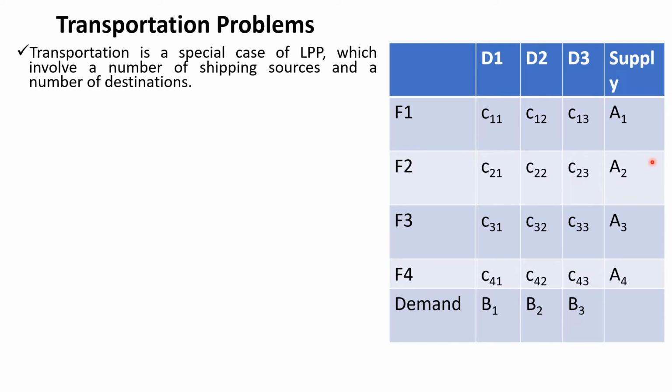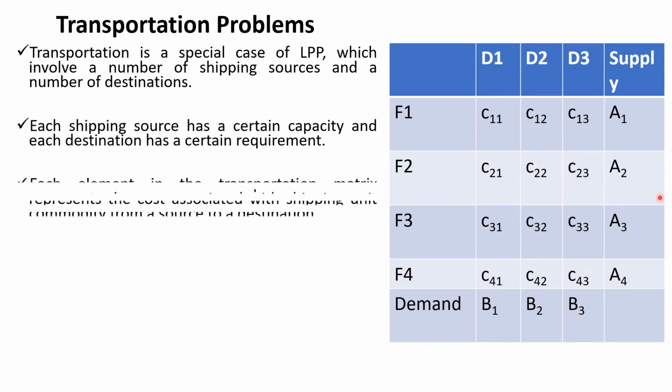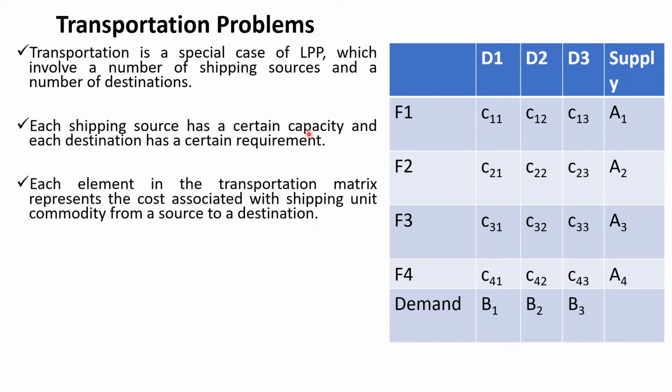So we can see transportation is a special case of linear programming problem which involves a number of shipping sources and a number of destinations. Okay. Each shipping source has a certain capacity, that is A's, and each destination has a certain requirement, that are B's.